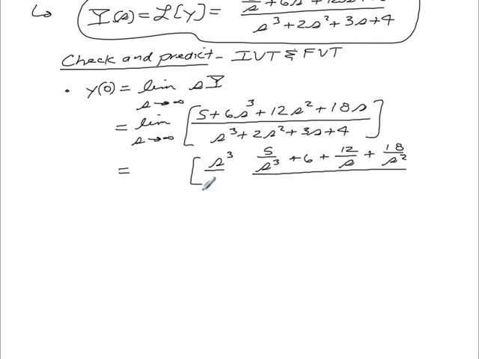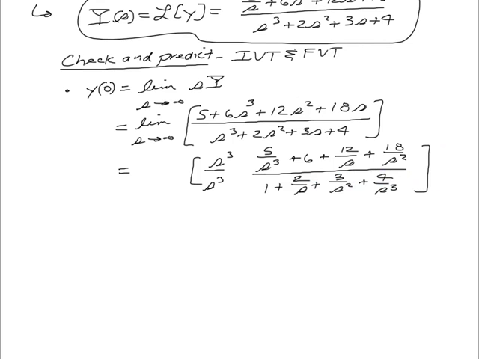In the bottom, I'll factor out an s cubed also, because I want everything in terms of either a number or a fraction on s. So that's 1 plus 2 over s plus 3 over s squared plus 4 over s cubed.